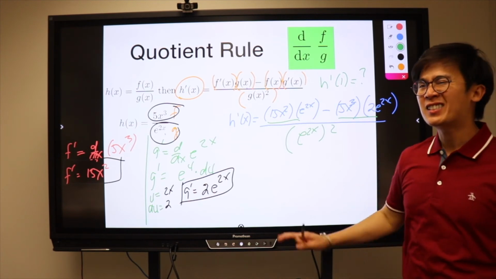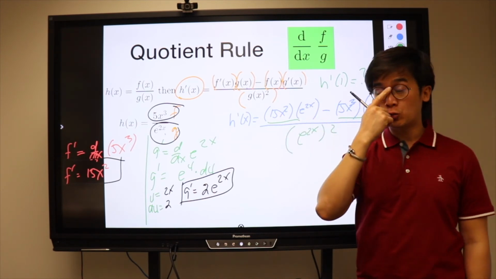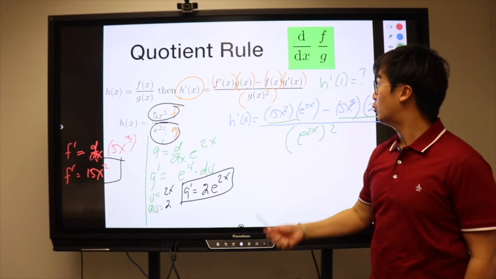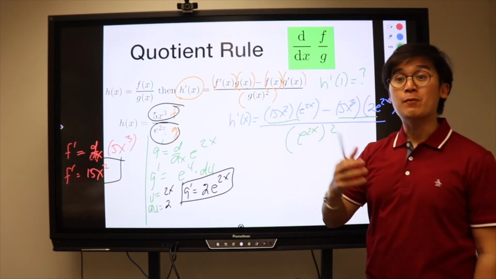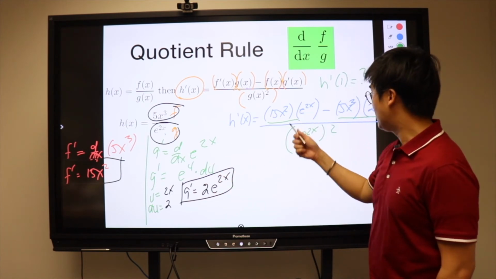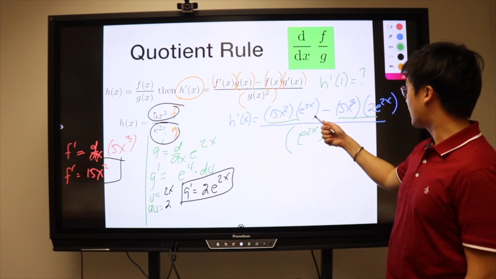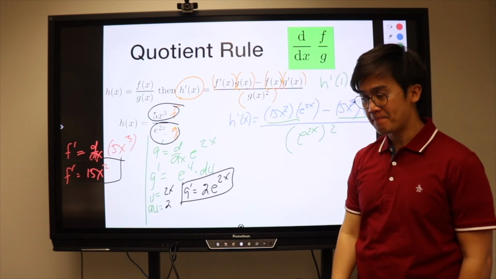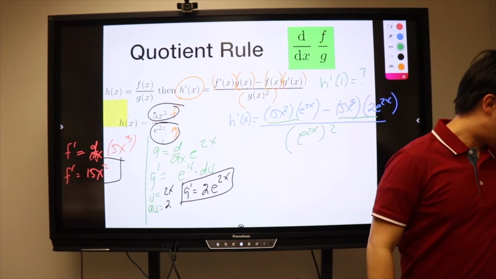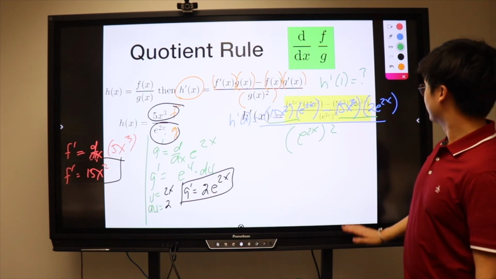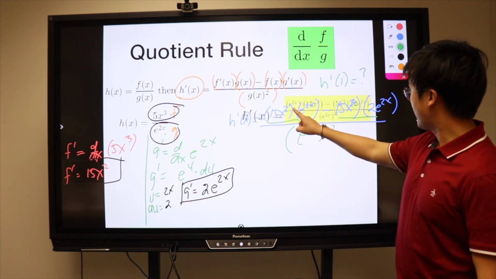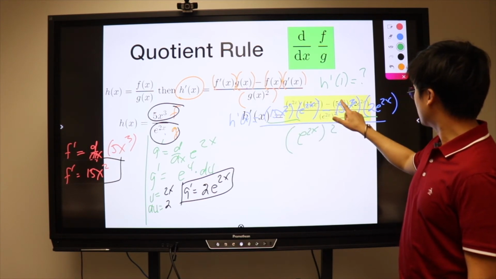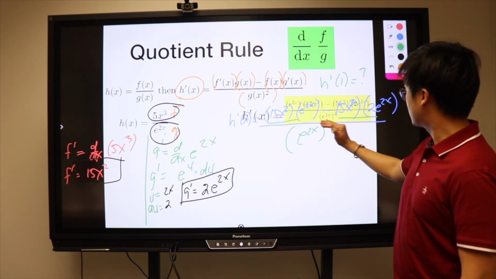That's why sometimes I don't ask my students to simplify it to the simplest form, because most of the time we're looking for an h prime of a number. And when that happens, it will be 15e to the 2x... you got the drill, right? Am I correct? Are we correct? e to the 2x, 15x squared, minus 5x cubed, 2e to the 2x, e to the 2x.